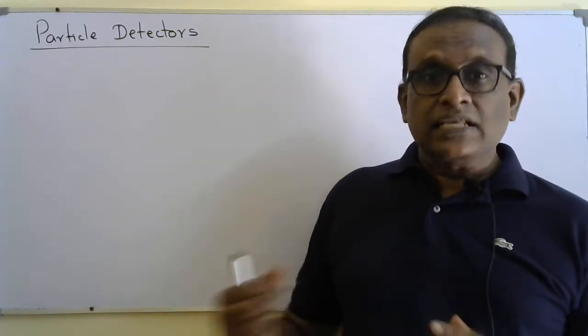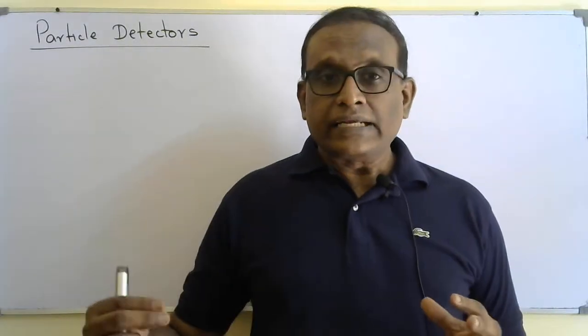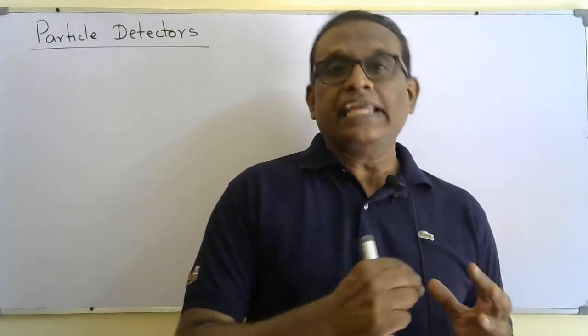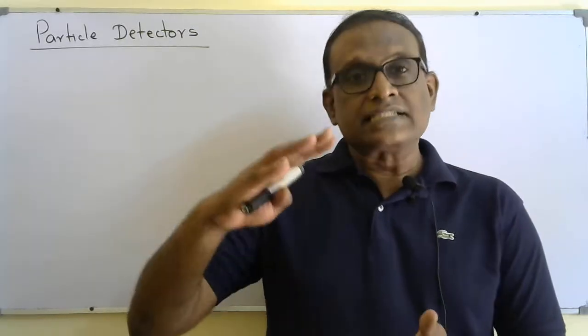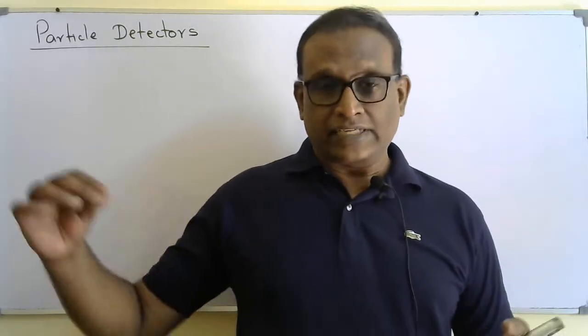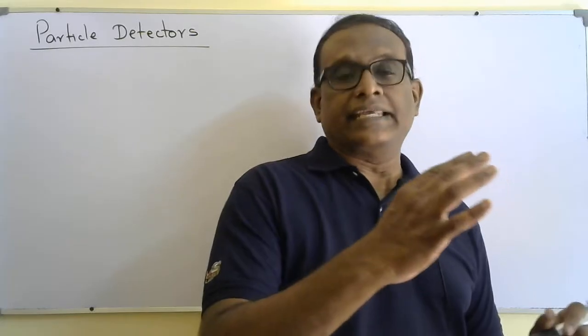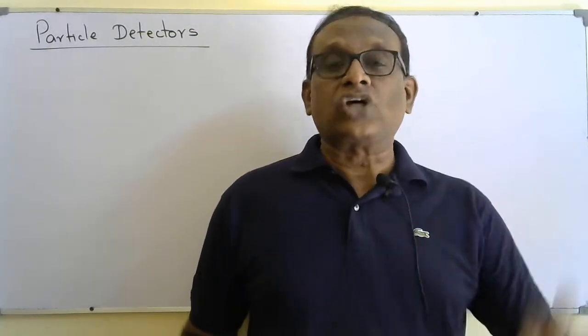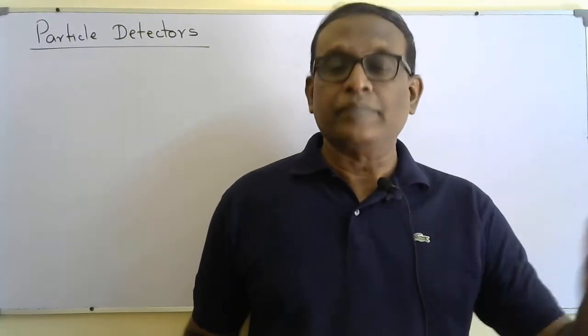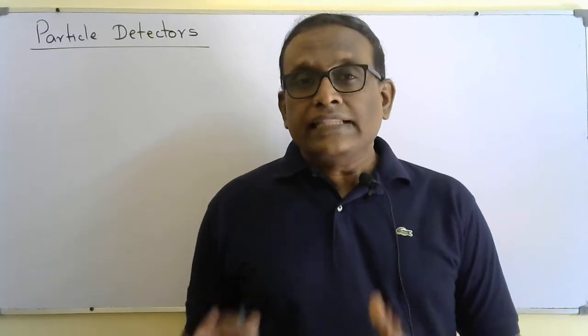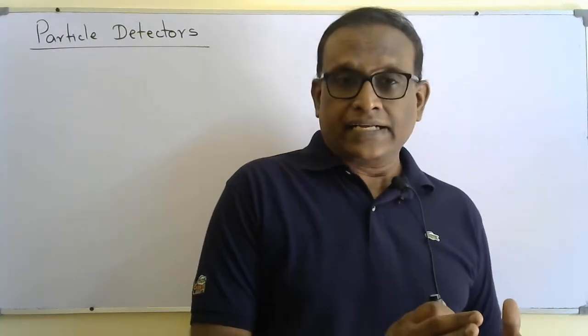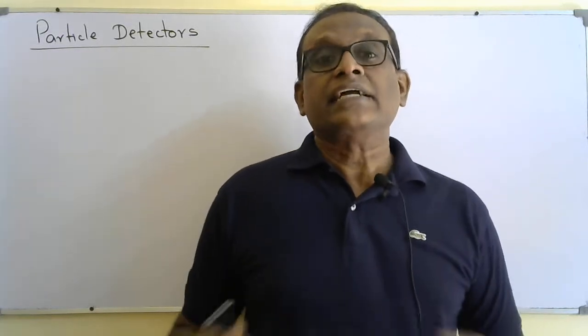Whatever it is, whenever a charged particle travels through the medium inside the particle detector, it produces a track by ionizing the medium. So only charged particles can ionize the medium and create a track.